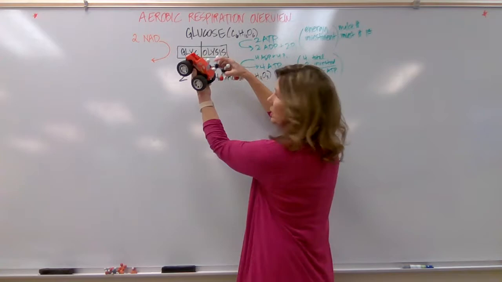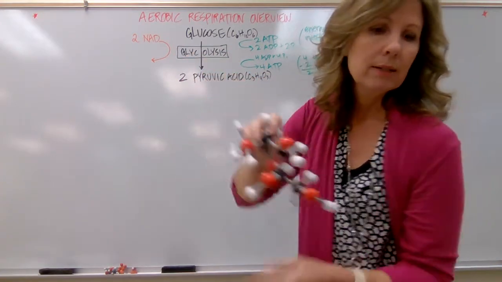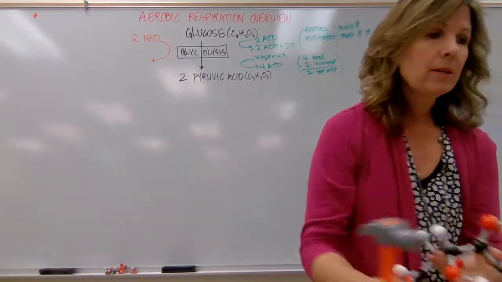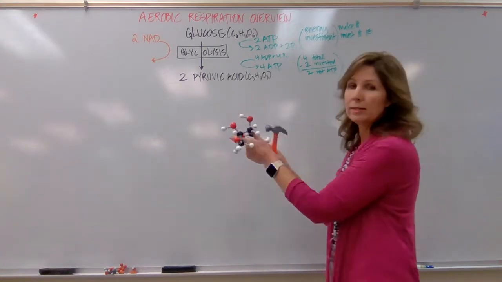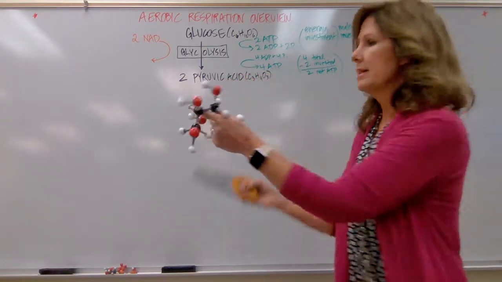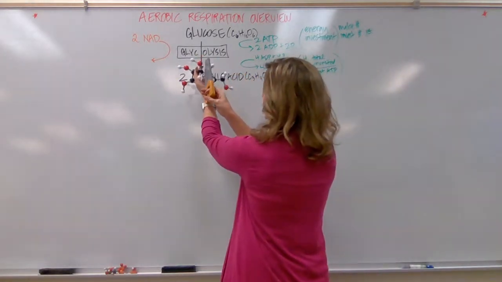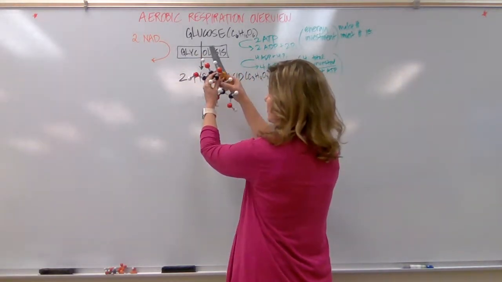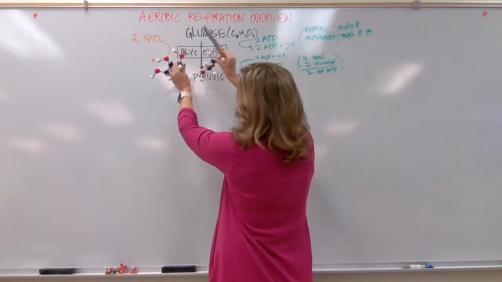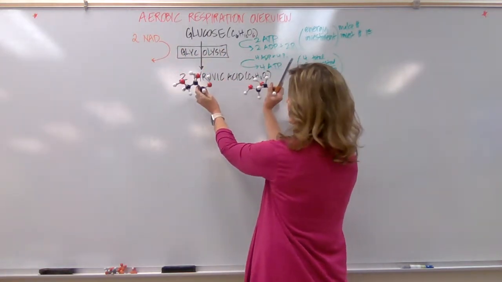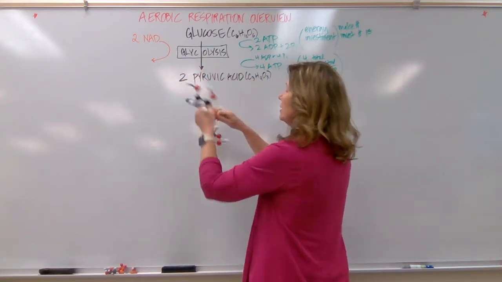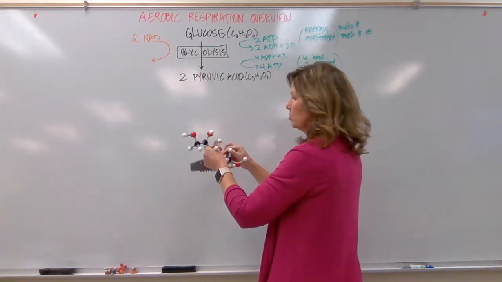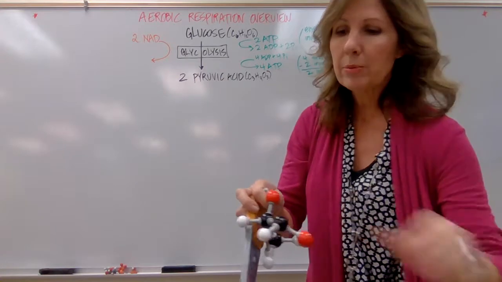Glucose will be initially phosphorylated with that phosphate, but then we will have enzymes that cut glucose apart, the lysis of glucose, into 2 molecules of pyruvic acid. During that process, the harvest of 2 hydrogen atoms will also take place.